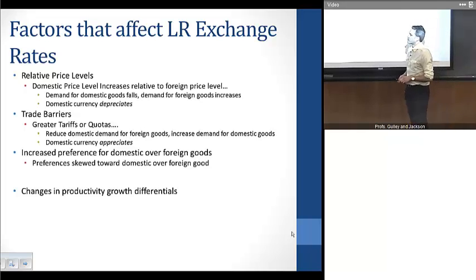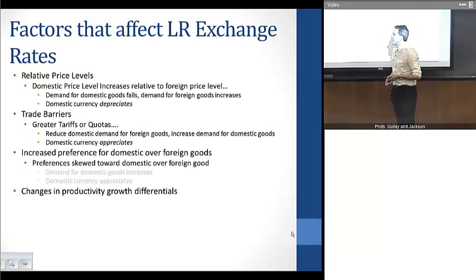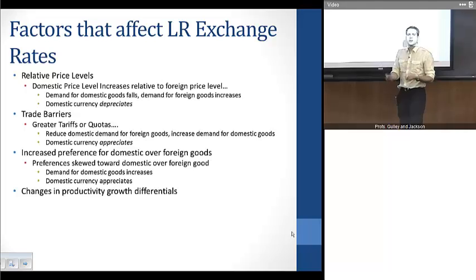Again, if we have increased preferences for domestic goods over foreign goods, we like California wine versus French wine, then that's going to increase the demand for domestic goods. We would expect the domestic currency to appreciate.